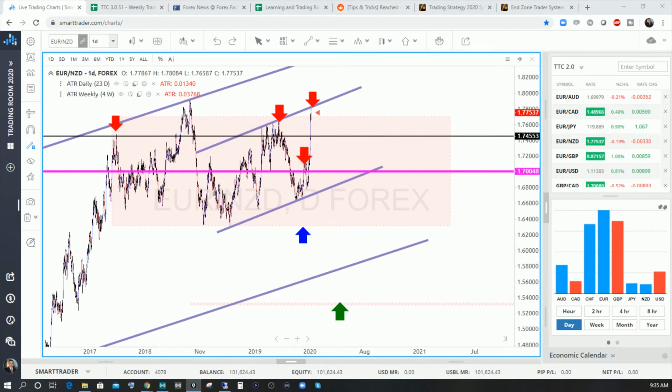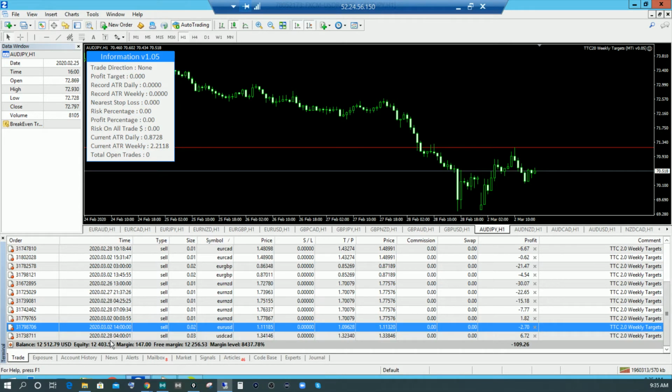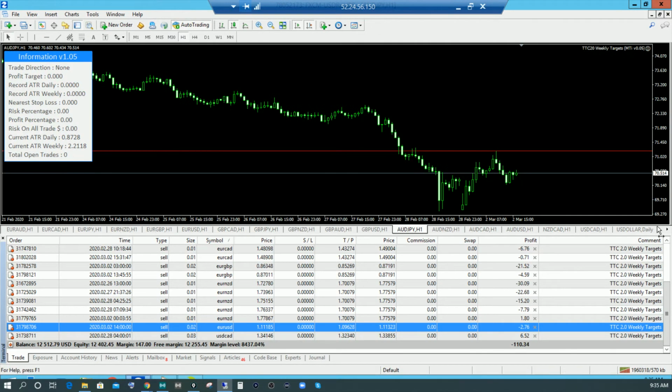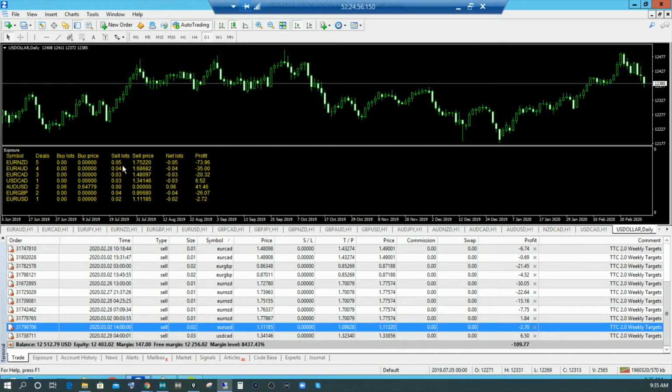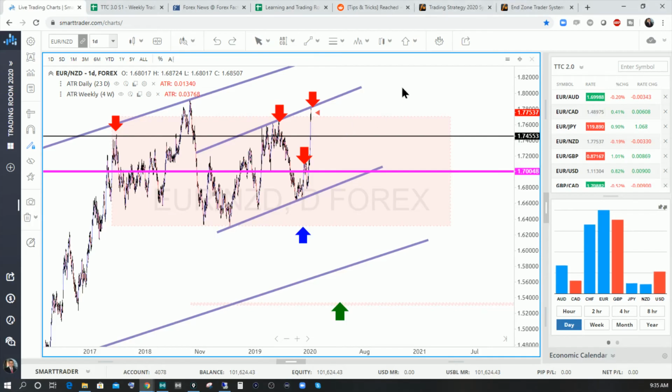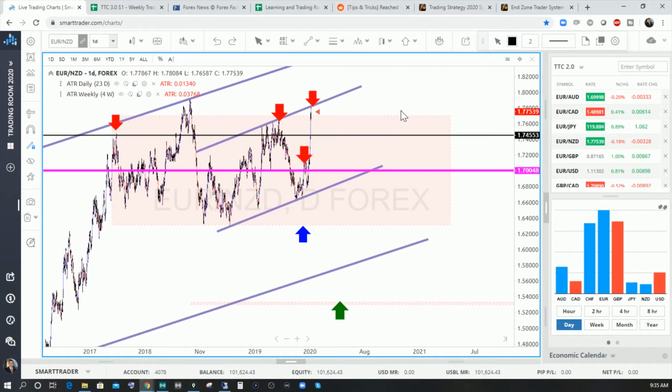So at the moment right now, my break-even point on the euro New Zealand dollar, not pound, is priced at 75.22, all right, 75.22. So let's take a look here, 75.22 would put me at there.